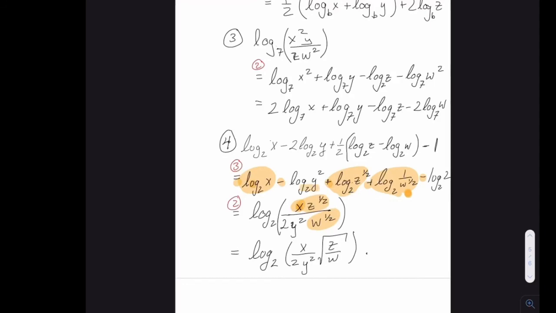And the minus signs will go into the denominator. And then writing this as a square root of z over w, we get our final answer. And this has only one logarithm in it. One term, one logarithm. Maybe it's easier to keep this way.